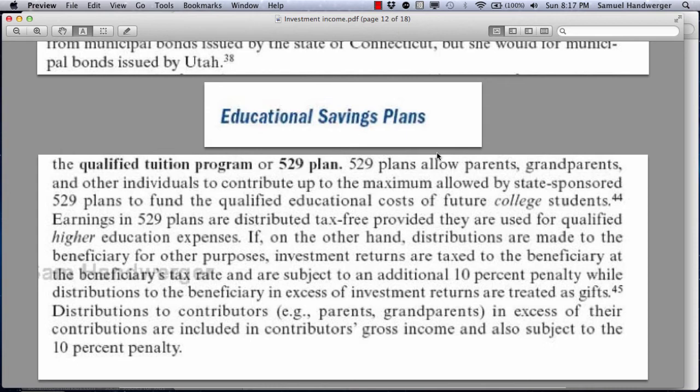And the result being that you are going to tend to want to put that into a child's name early in their life, so there's a larger buildup of income from that instrument.